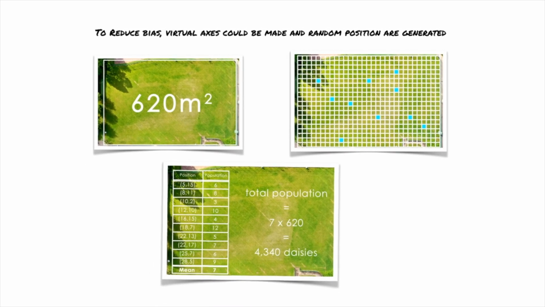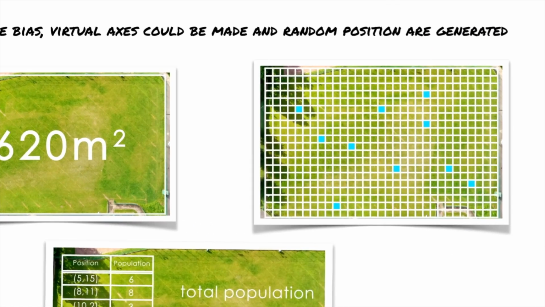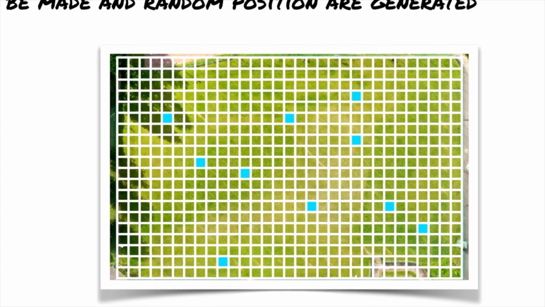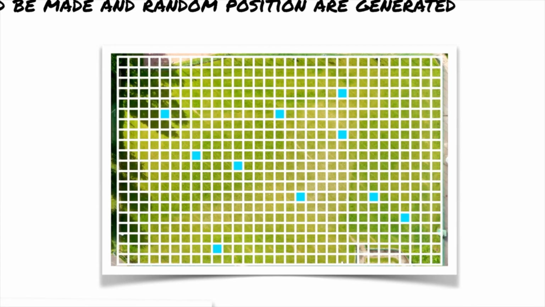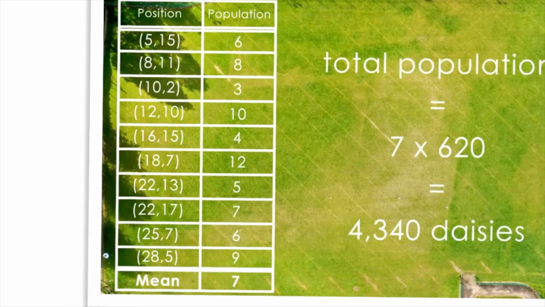Here is an example of how random sampling could be done in a neat way. So the first thing to do is to find the area size of the habitat you're studying. Then you generate a grid with coordinates. Later on, you generate random coordinates using an application. So for example, these are random numbers, random coordinates. After that, we do the percentage cover.